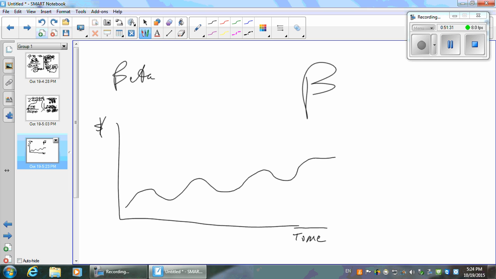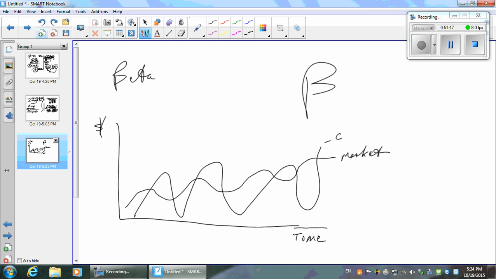So if that's the market return, what if your stock is doing this sort of thing? This is the market, their returns over time, how much you're earning on the market as a whole, and this is company A. What would you say about the riskiness of that company? If you want to sell when it's down here, you're going to lose your shirt.